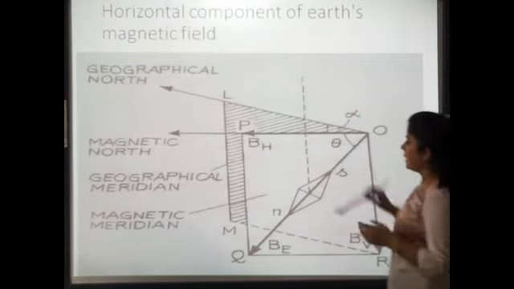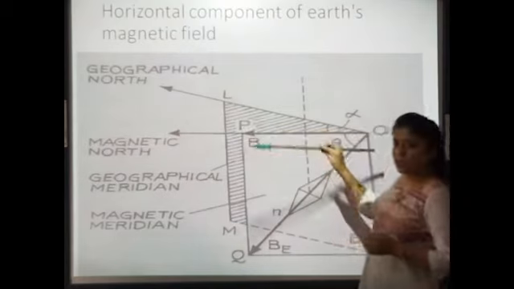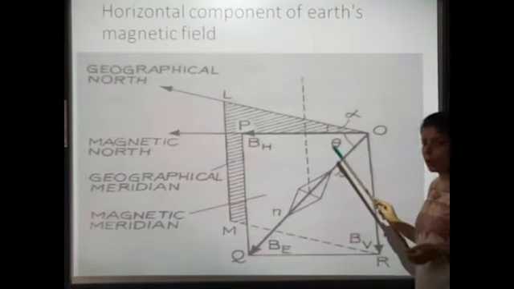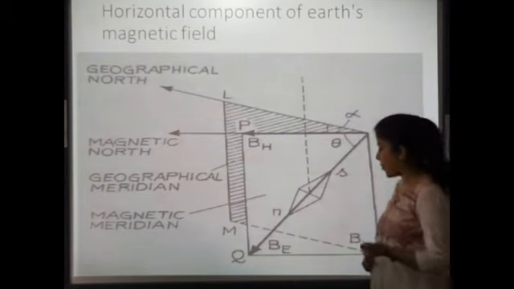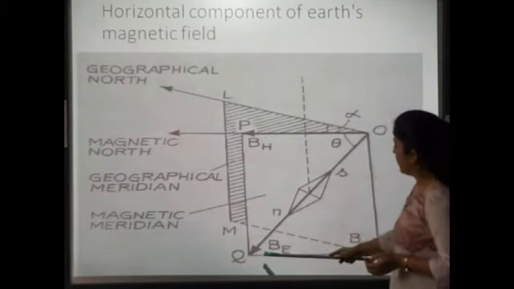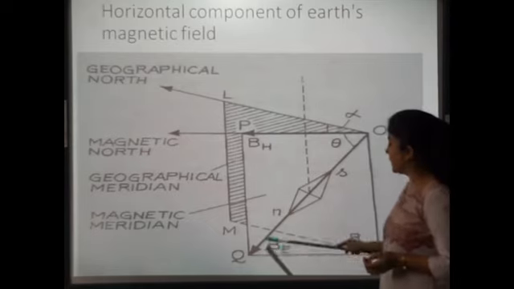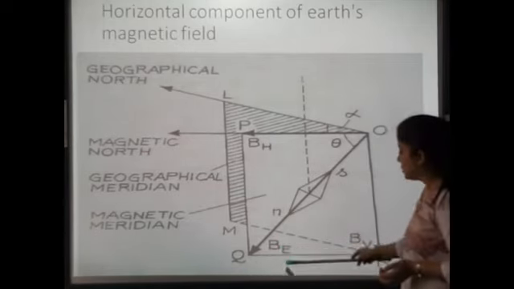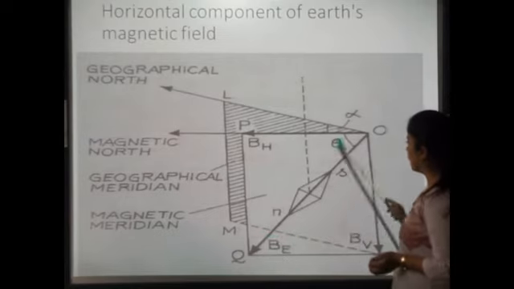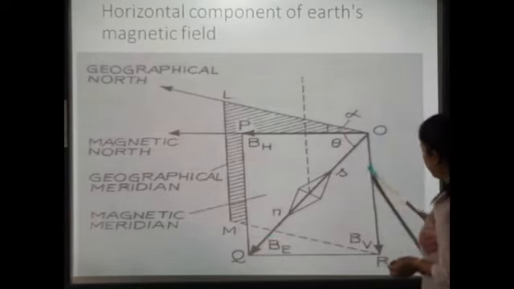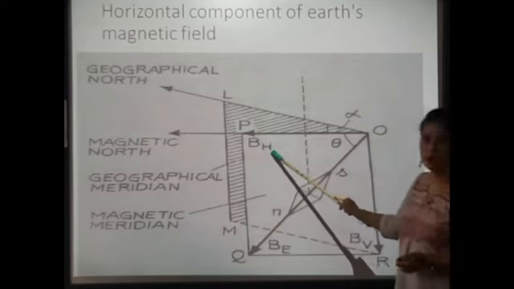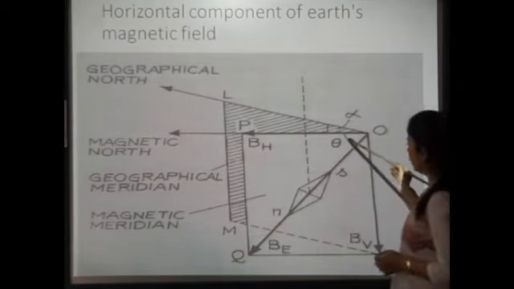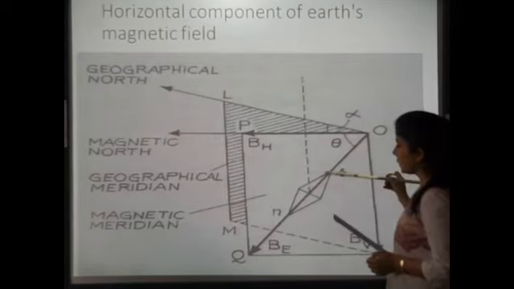And the angle of magnetic field with the Earth's surface is theta, that is angle of dip. Now this is the magnetic field at the Earth's surface. We are resolving it into two components, horizontal and vertical. BH is horizontal, BV is vertical. This angle over here is theta.